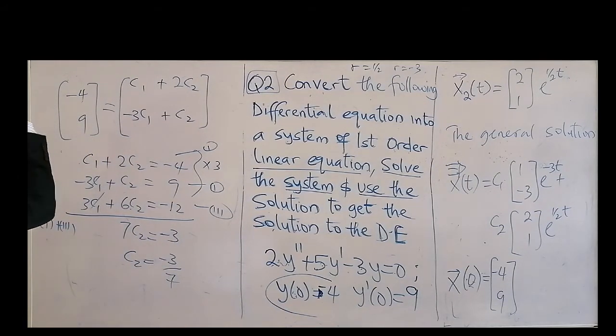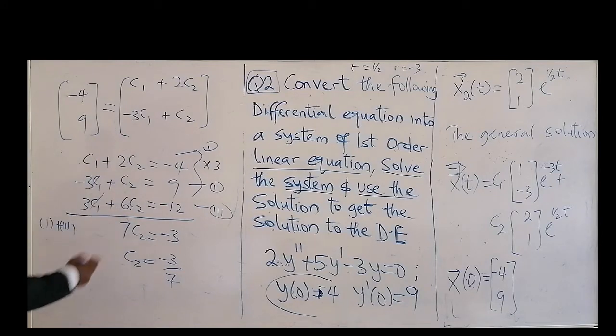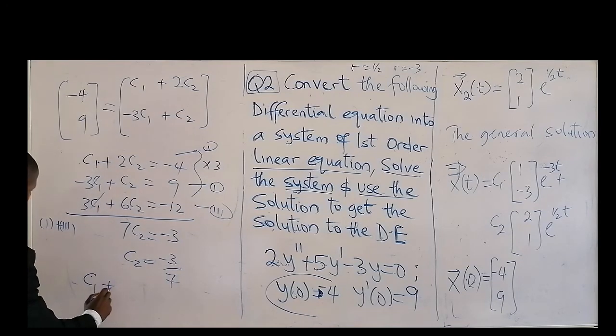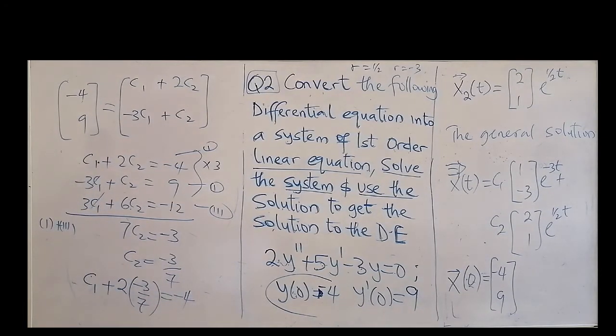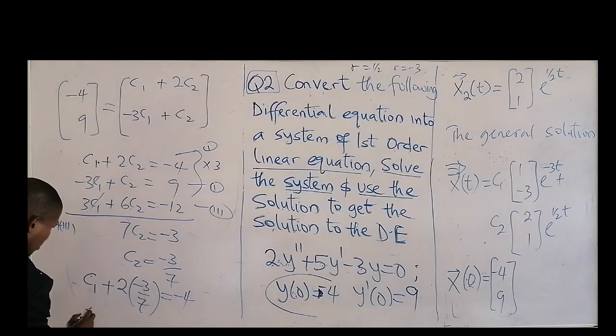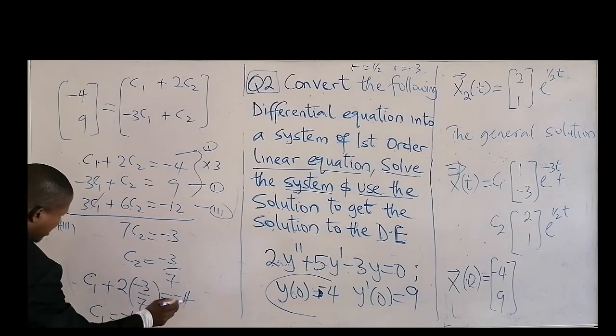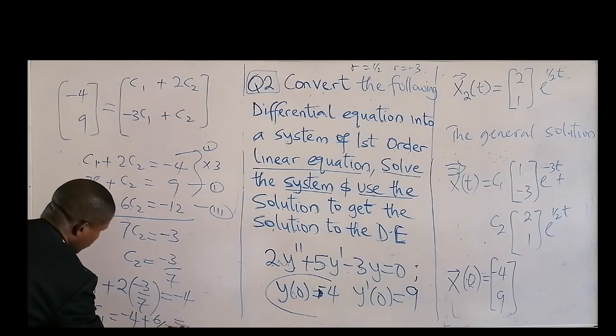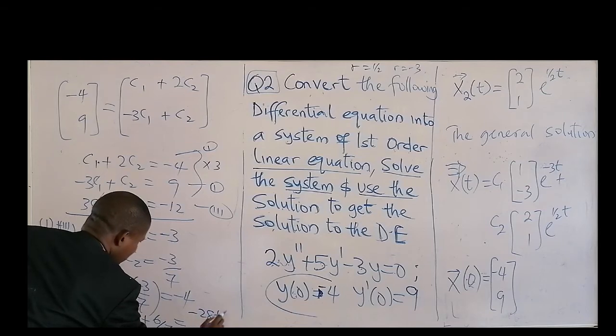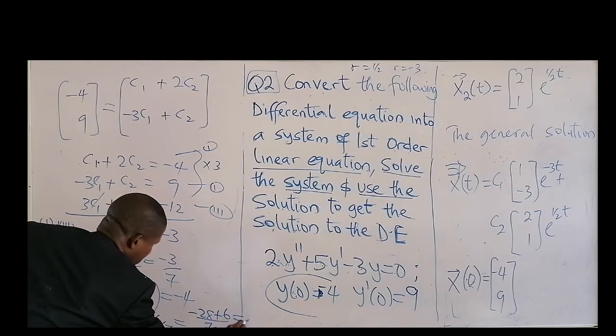Okay. So with that now we can go to any of the equations and substitute. Let me use the first one. That will be C1 plus C2, which is this, equal to minus 4. So C1 will be equal to minus 4, and this one will go to the other side as plus 6 over 7, equal to minus 28 plus 6 over 7, which is equal to minus 22 over 7.